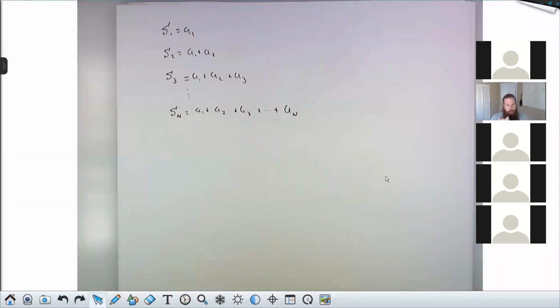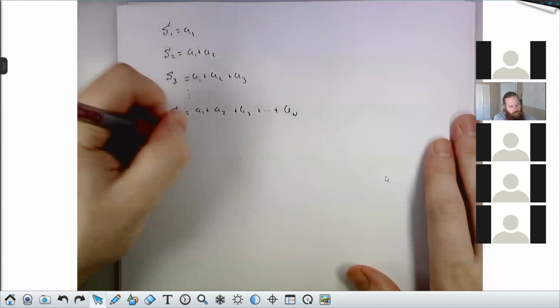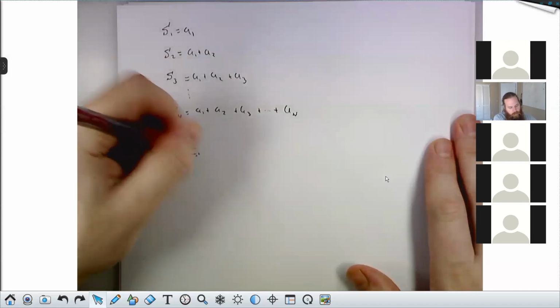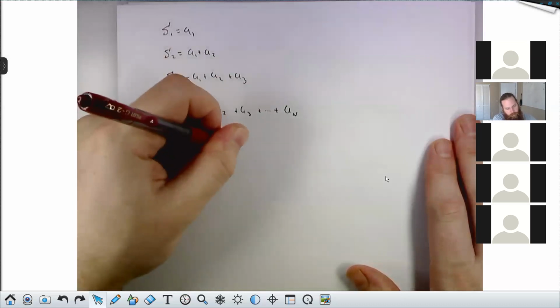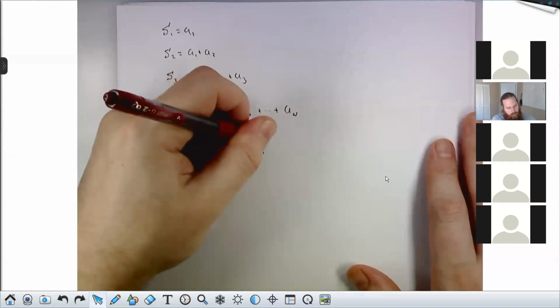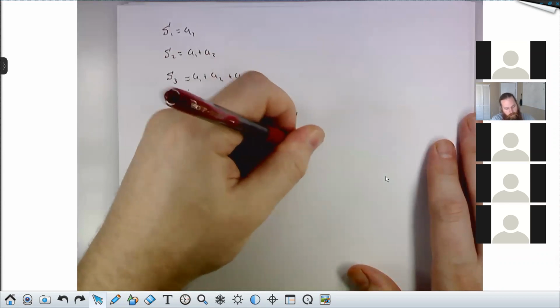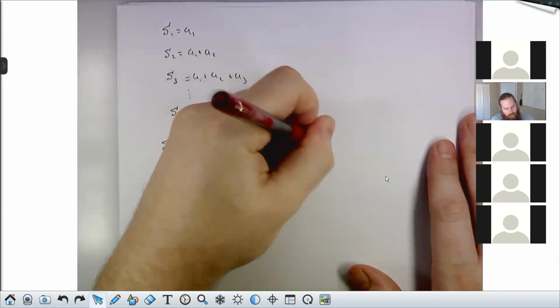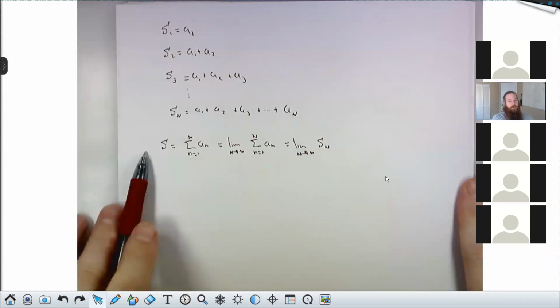People do tend to get Sn and An confused. And remember that the full infinite series is the limit as capital N goes to infinity of the finite series. And that finite series is the thing we call Sn, right? So this is the definition of an infinite series.